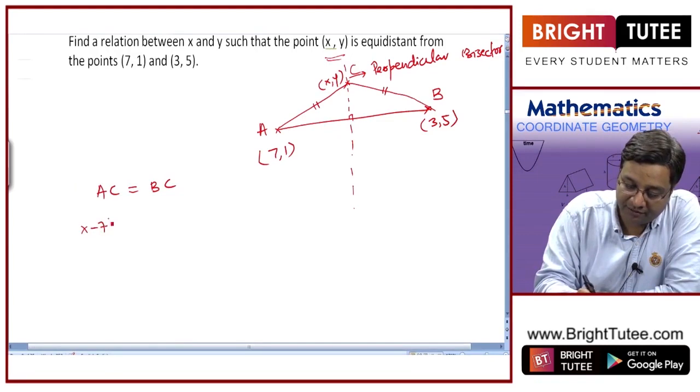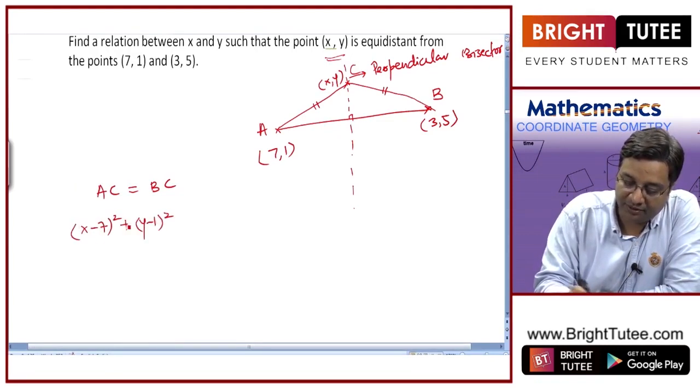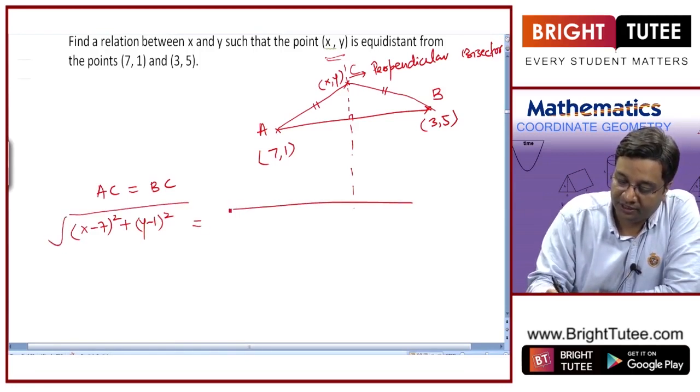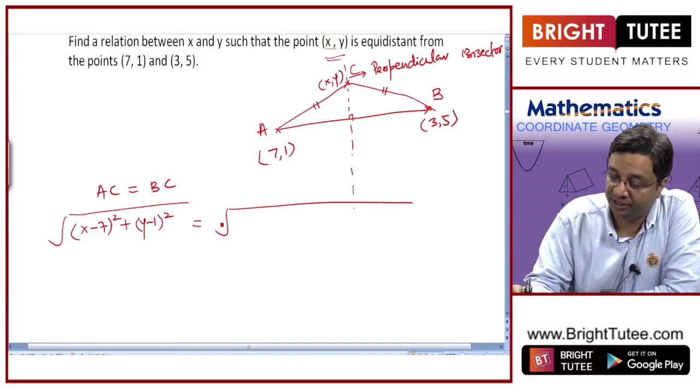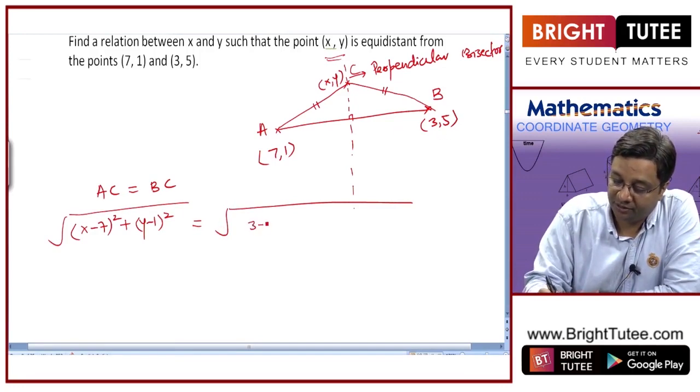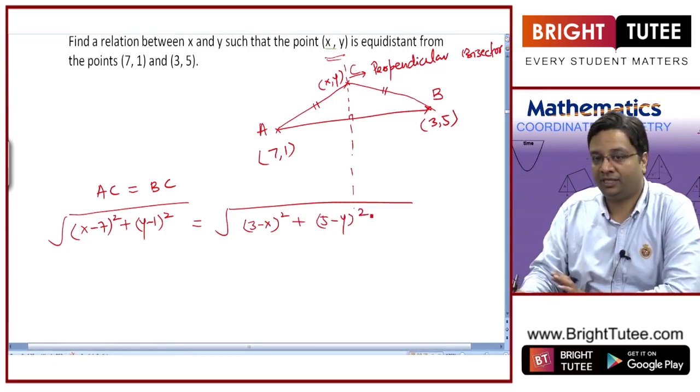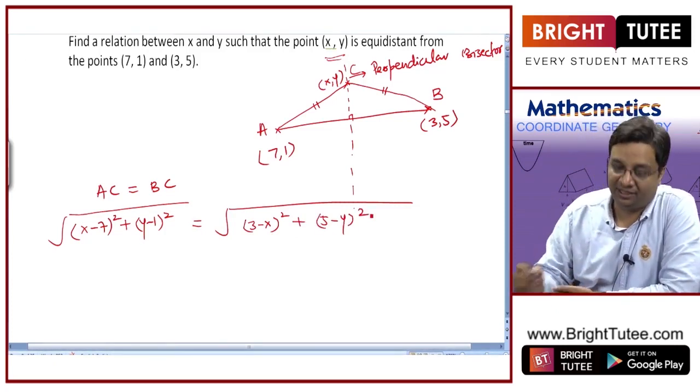So x minus 7 squared plus y minus 1 squared, square root, is equal to distance BC. What is distance BC? 3 minus x squared plus 5 minus y squared, right? These two distances are equal. Now we need to find a relation in x and y.